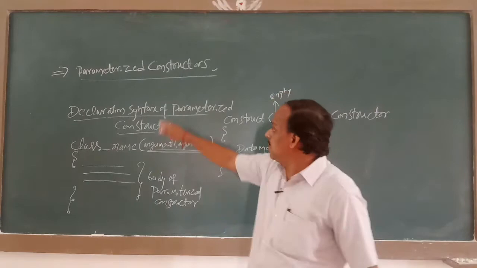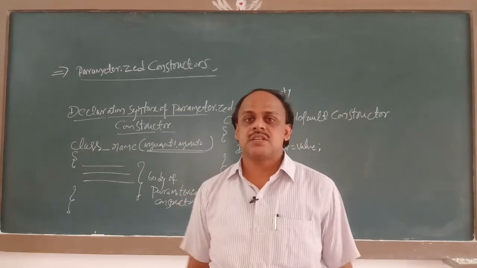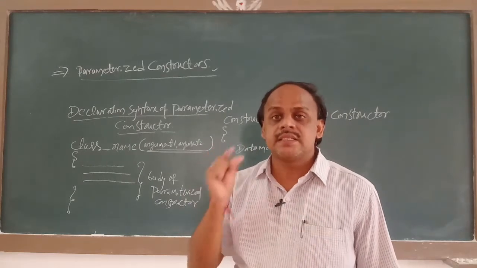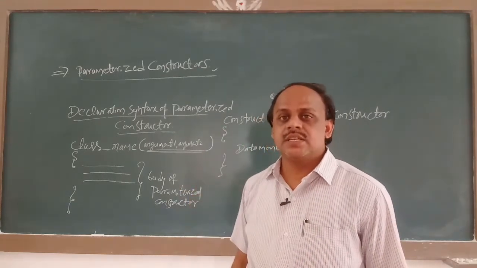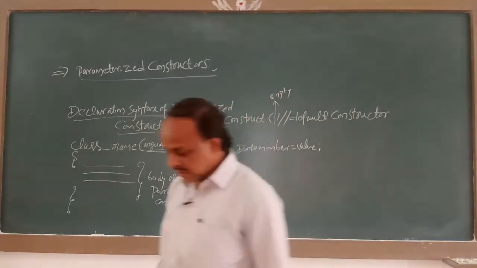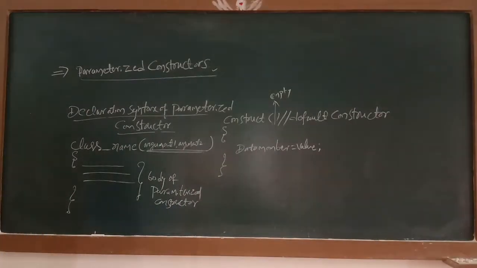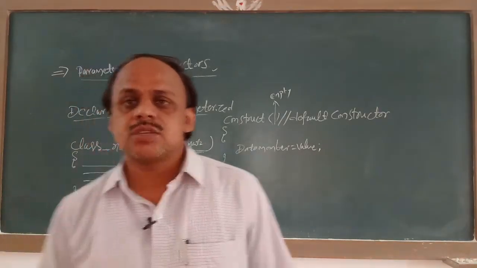See here, what is meant by a parameterized constructor? It is a type of constructor which contains an argument list, and it is called a parameterized constructor. A constructor with arguments is called a parameterized constructor.